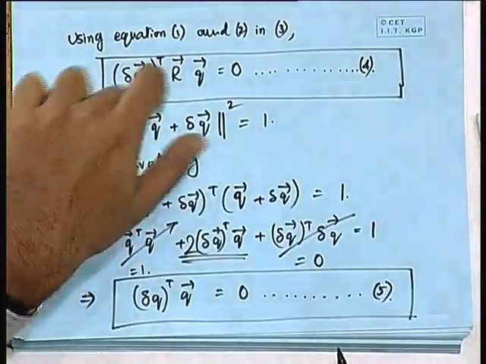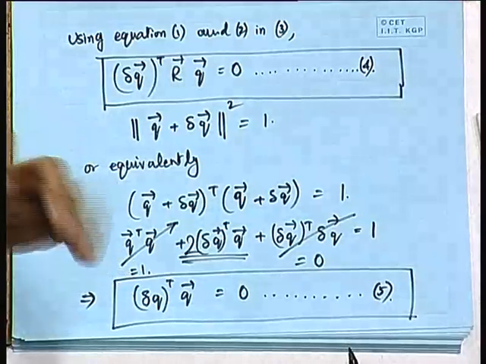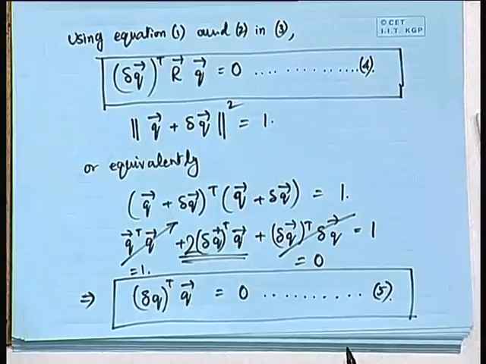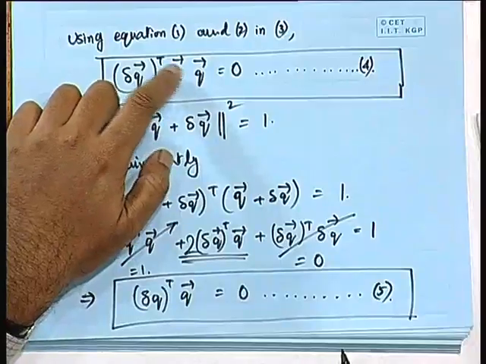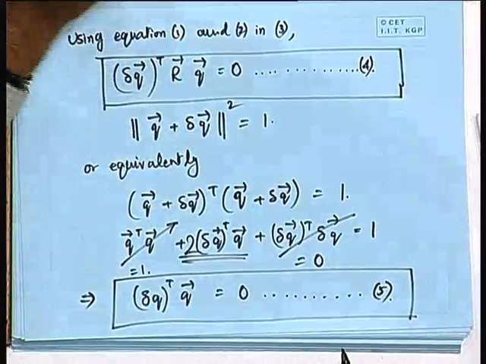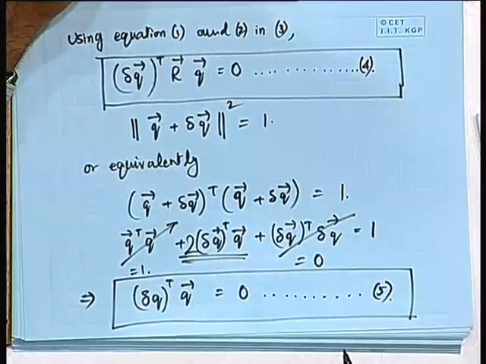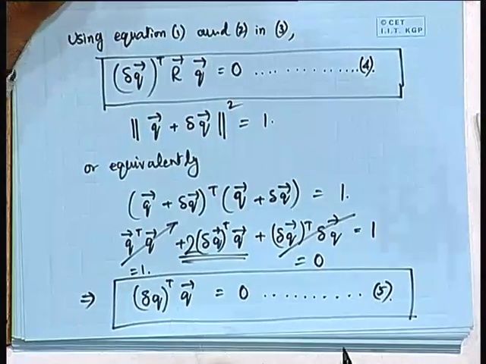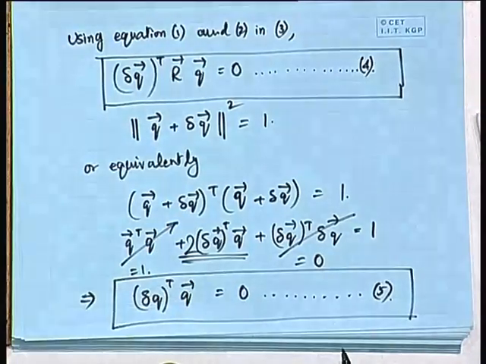Now, q as such is a dimensionless vector, because it is a unit vector, so its elements do not have any dimension. The only dimension in equation 4 is the dimension of the elements of the R matrix, whereas in this case we do not have any such thing.